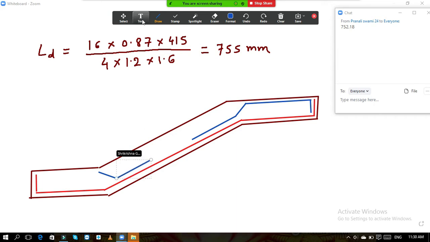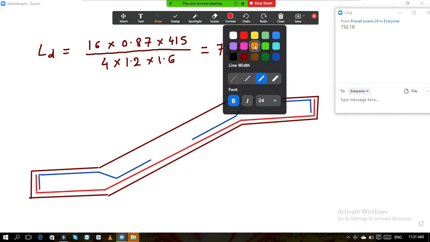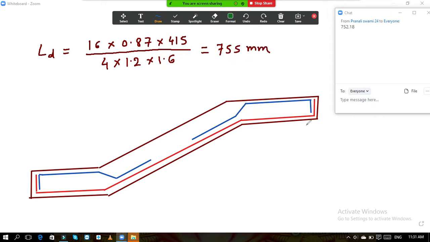And sometimes those are provided at the top also. So this is the diagram. Now we will show over here distribution steel. So in this way, the reinforcement detailing is there.